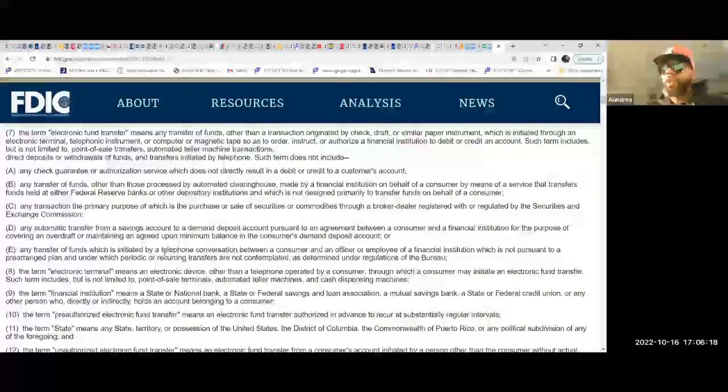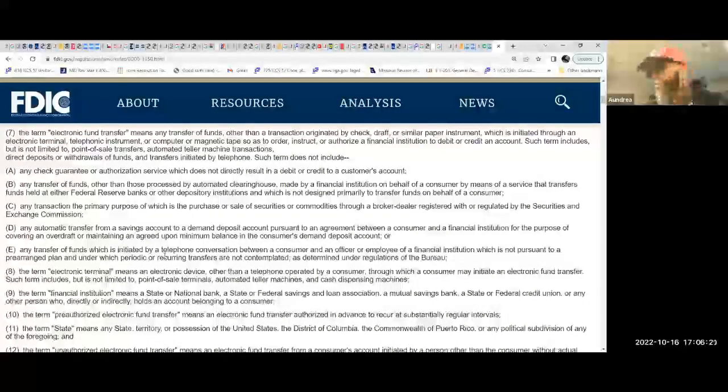So an EFT, most people don't get it. When you're doing an EFT, you should be able to just call any third party on the phone, say if it's T-Mobile, your gas company, or your water company.